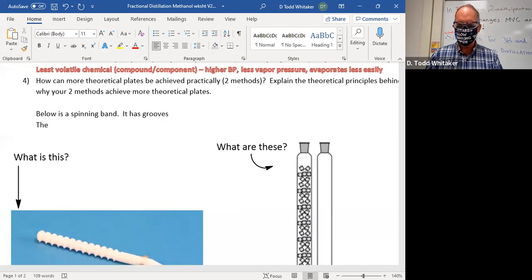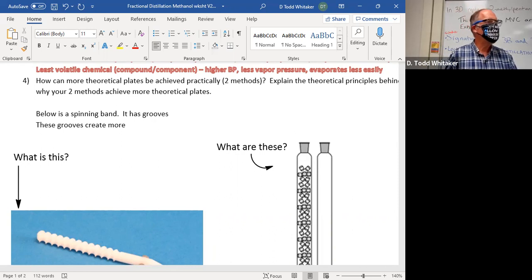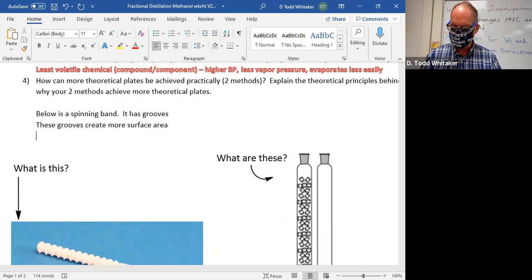These grooves create more, what's the, oh, she knows the magic words for distillation are always surface area. Surface area.